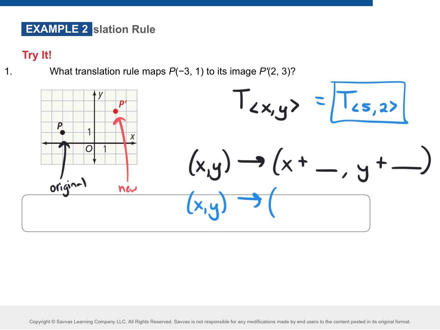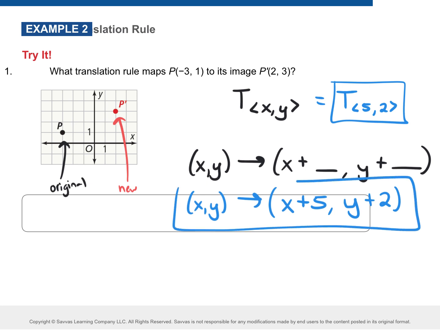Oh, it was right 5, so that's x plus 5. What about our y value? Y plus 2. Good. So those are two different forms that we're going to see. Okay. Do you agree those two forms say the same thing? They do say the same exact thing, just two separate forms there.